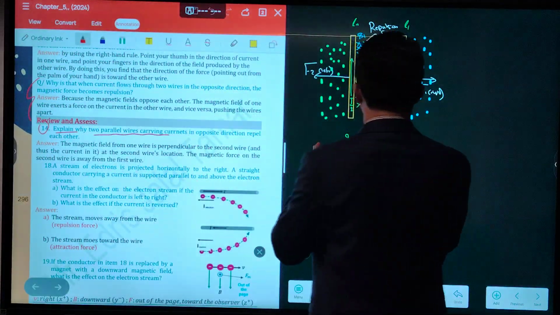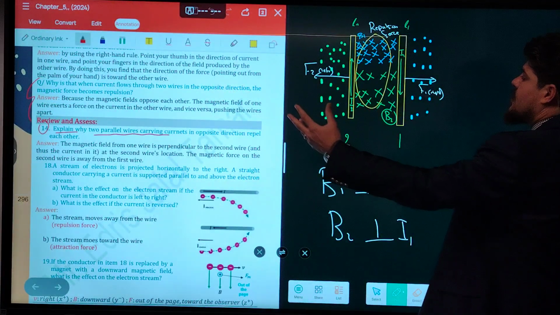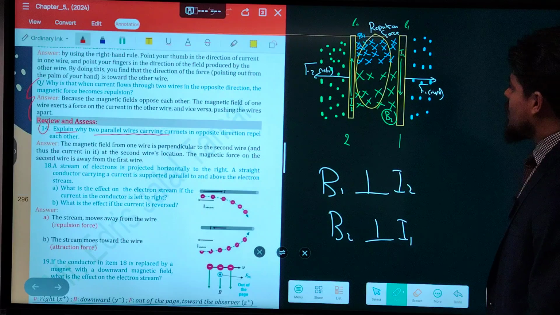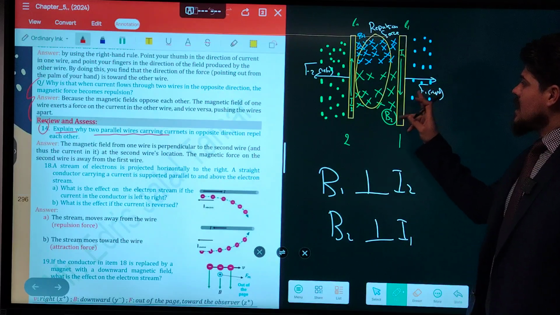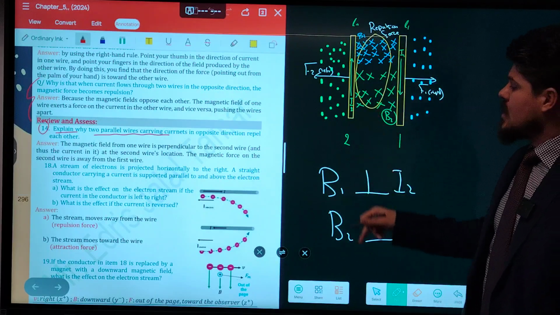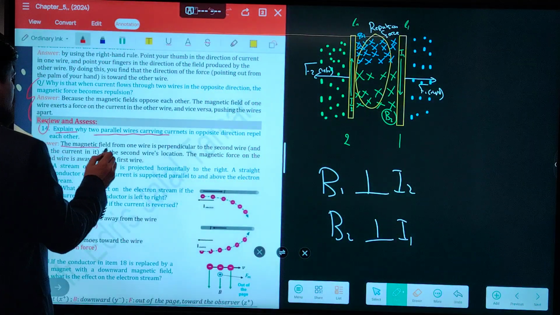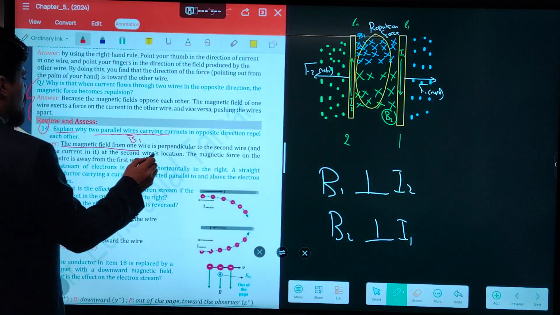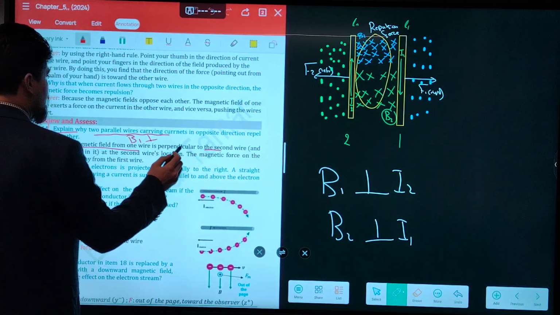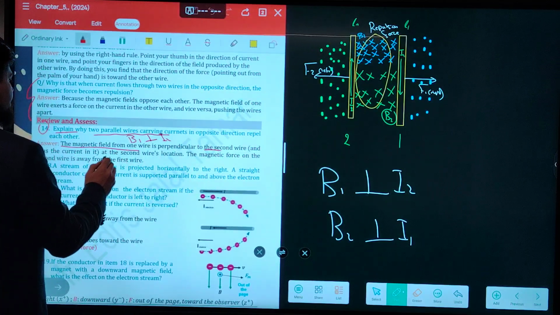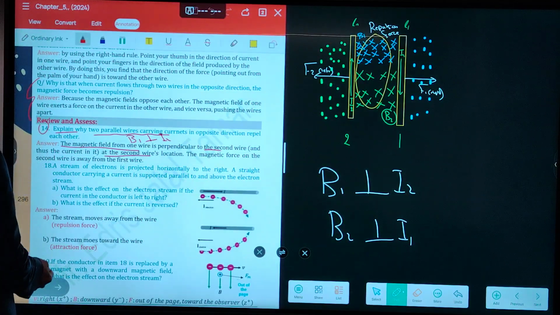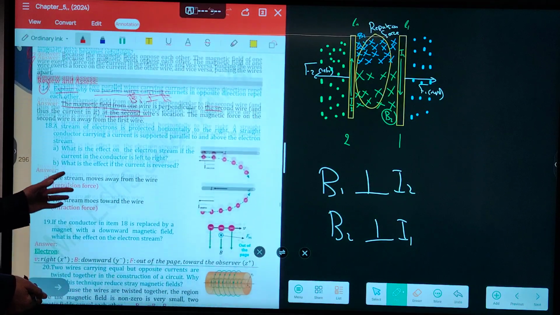As you can see in this figure, why is the force repulsion between these two parallel wires? Because the direction of the magnetic field of one wire is perpendicular to the direction of the current of the other wire. The magnetic field from one wire, like B1, is perpendicular to the second wire, to I2. The magnetic force on the second wire is away from the first wire.